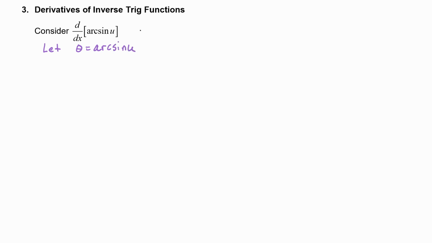So then that means what we are going to be finding here is the derivative with respect to x of theta. Now if theta is the arcsine of u, then that means that sine theta is equal to u, which is the same as u over 1.